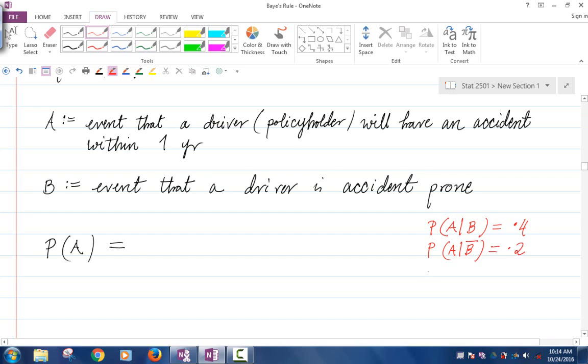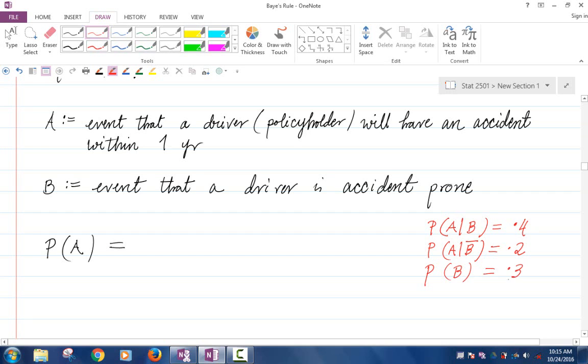And then we know the probability of B, that is the probability that a driver is accident prone, is 30%, so 0.3. That's the last of the statistics from the company.